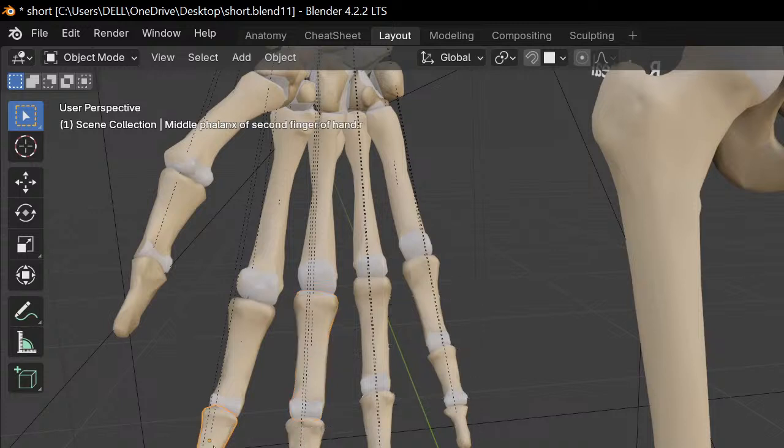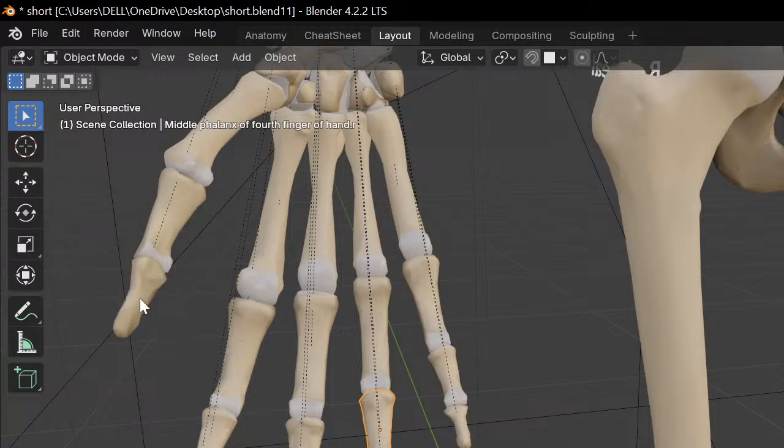So we have the middle phalanx of the second finger, of the third finger, of the fourth and the fifth. But the thumb does not have a middle phalanx. That's why the thumb is, of course, shorter than the other fingers. Even the pinky, if your arm is in anatomical position, is longer than the thumb.